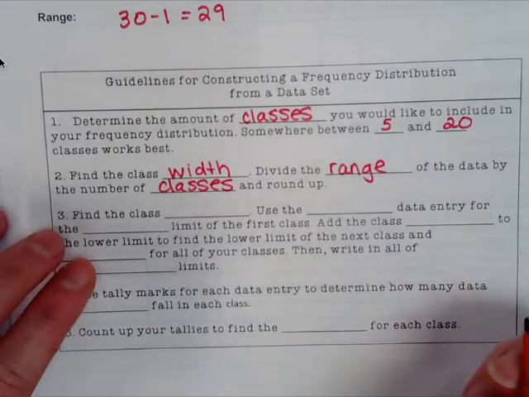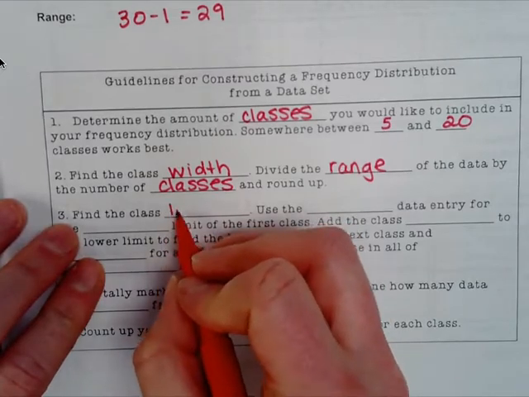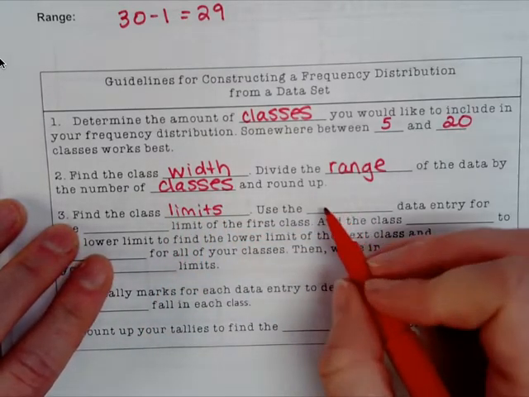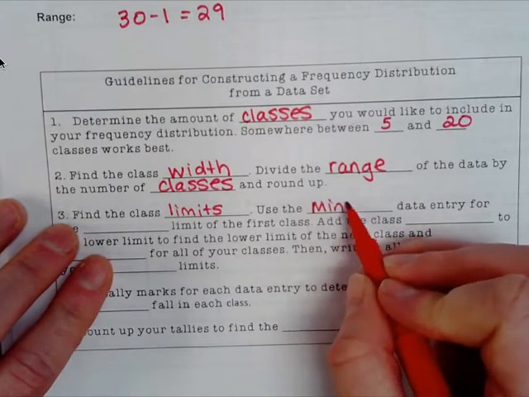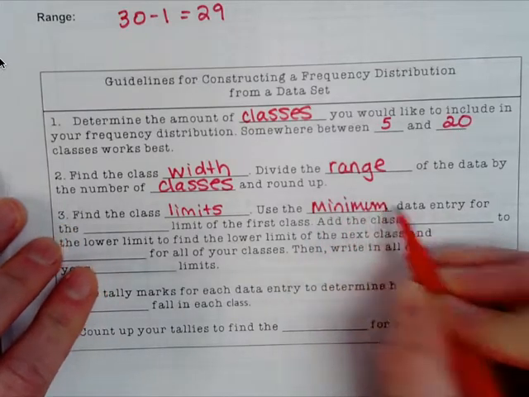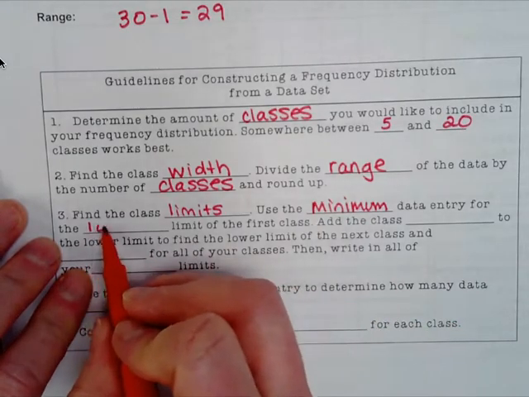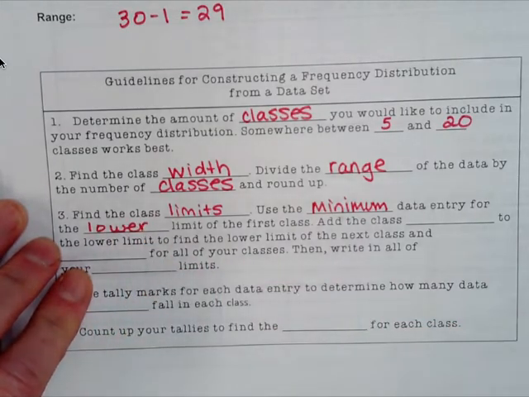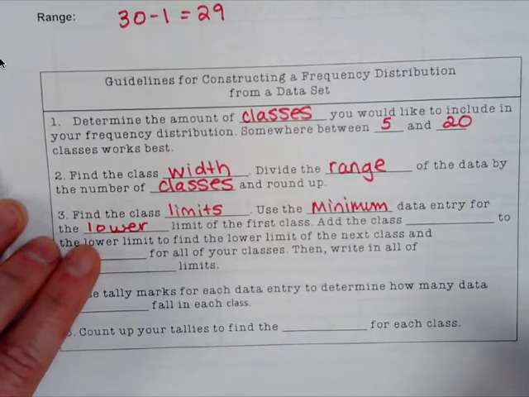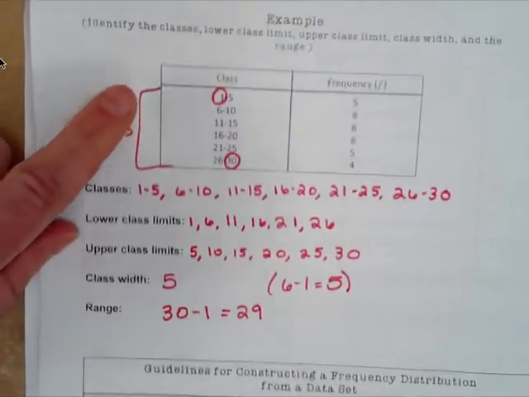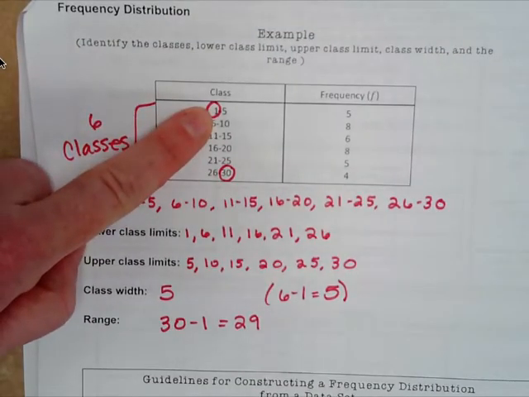Then we're going to find the class limits. We're going to use our minimum value for the lower limit of the first class. So in our example above, 1 was the minimum, so that was our lower class limit for our first class.